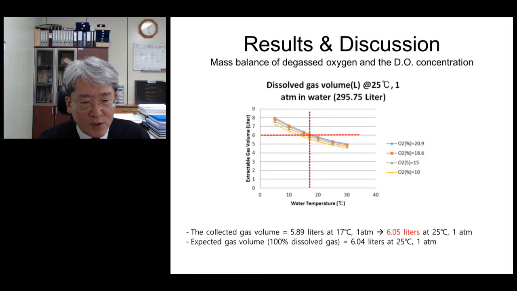The water temperature is 17 degrees Celsius. In terms of total extracted gas volume, the measured volume at 17 degrees Celsius under 1 atm, once converted to 25 degrees Celsius at 1 atm, gives a very close value against the expected value of 6.04 liters.